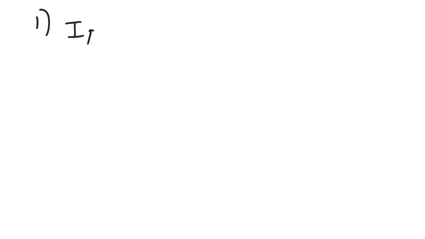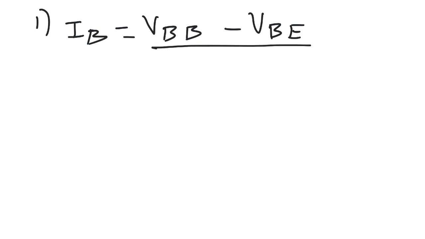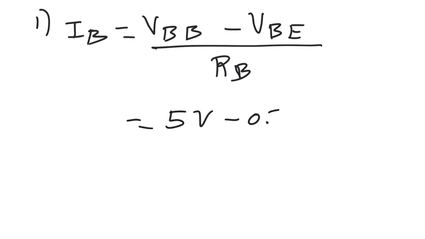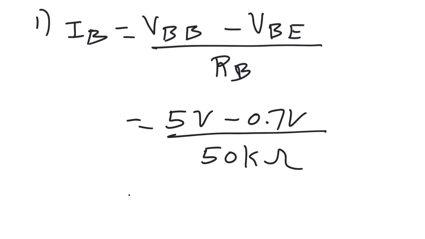Okay, base current is equal to voltage VBB minus VBE, which gives 86 microamps.